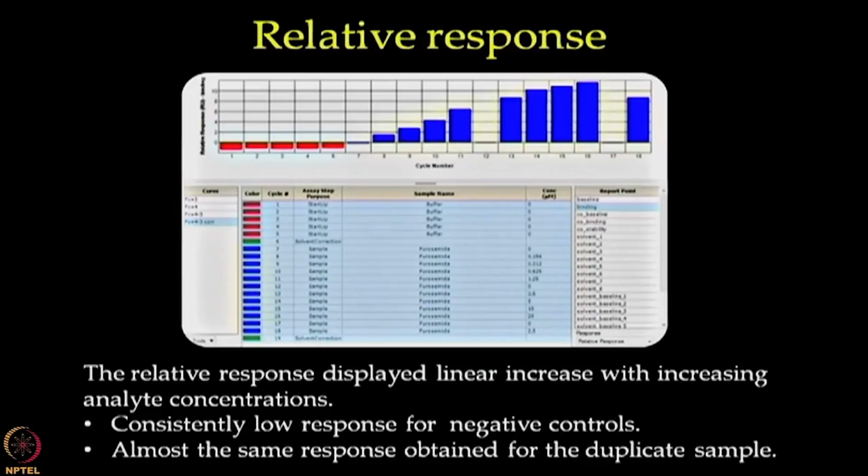As reflected in the graph, the relative response displayed a linear increase with increasing analyte concentration, with consistently low response for negative controls shown by cycles 7, 12 and 17, and almost the same response was obtained for the duplicate sample, that is 2.5 micromolar, shown by cycles 13 and 18. Let us now have a more detailed data analysis on the kinetics assay.